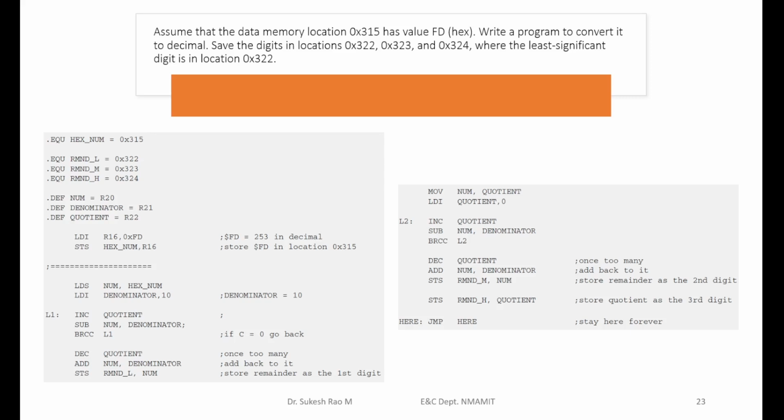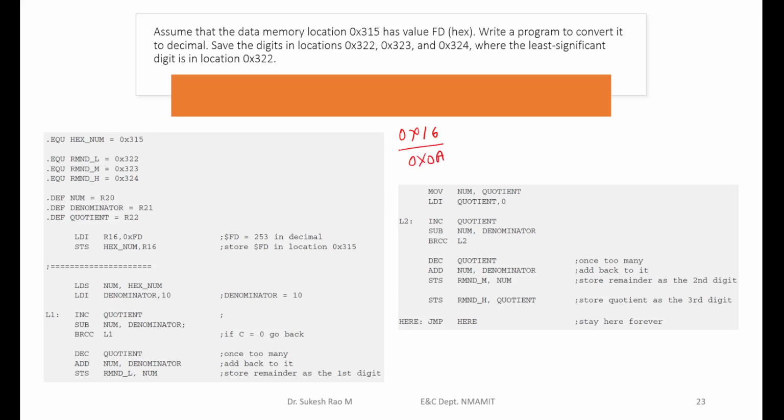Let me take a simple example. Let me take a number, 16, which is a hexadecimal number. I should convert it to decimal. How do you perform it? I am supposed to divide this number by 10, that is 0x0a.